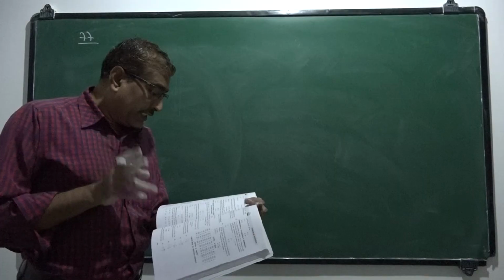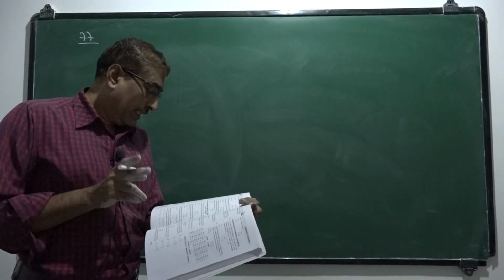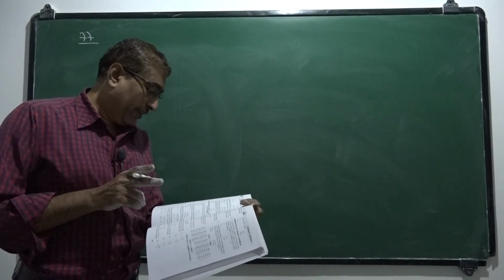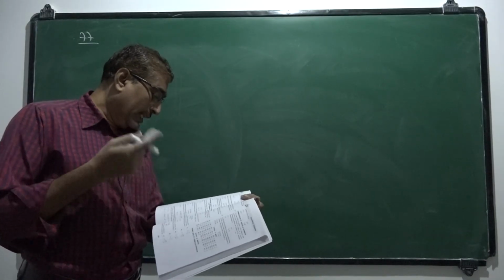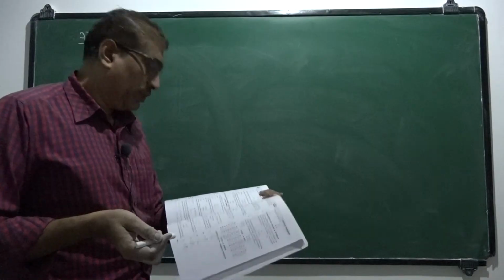If the density of mercury is 13.6 and the angle of contact is 135 degree, and density of water is 1 gram per cc, angle of contact is 0, then the ratio of surface tensions of the two liquids is.